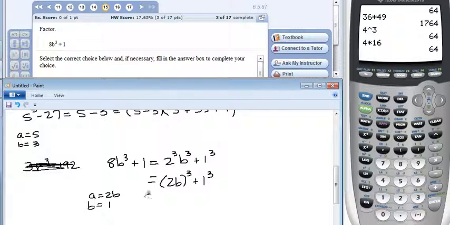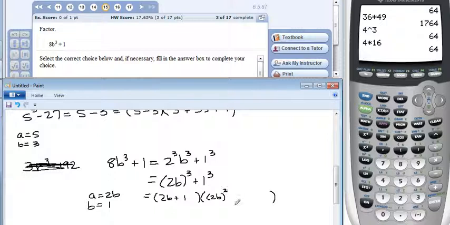All right. Now I'm going to go back to my formula. I have to get it out here. My sum of cubes says I take a plus b times a squared. So I'm going to square my entire 2b.